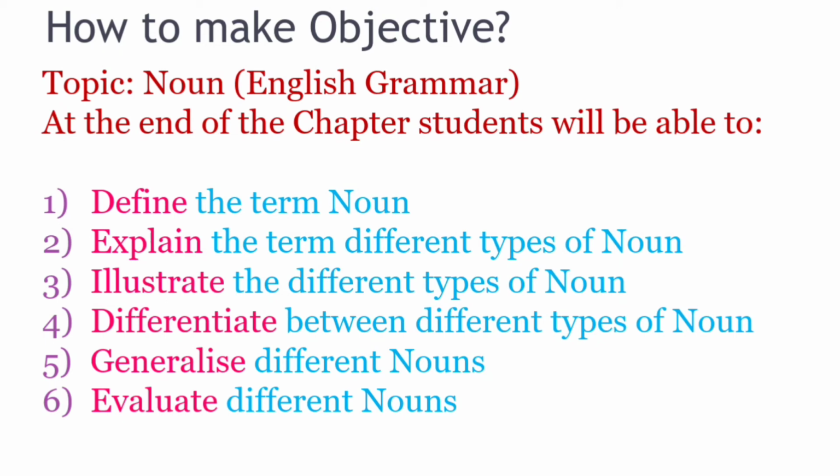Next is generalize different nouns. My fifth objective is generalize different nouns. So here the child will be able to combine, or relate the previous content with the new content. Here he will be combining the different content and giving a new shape or new structure to the content.